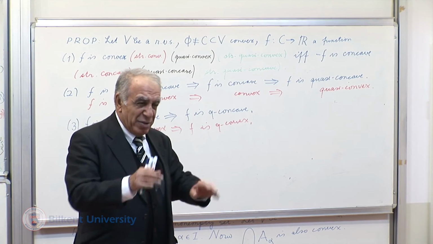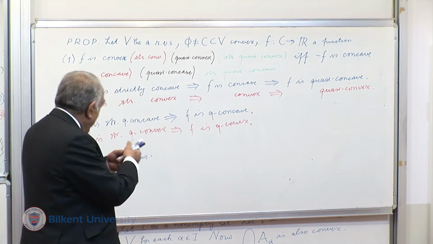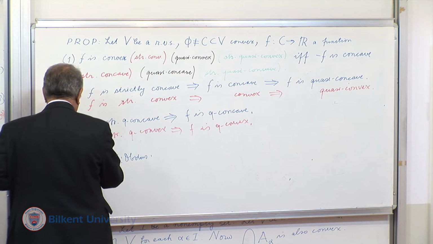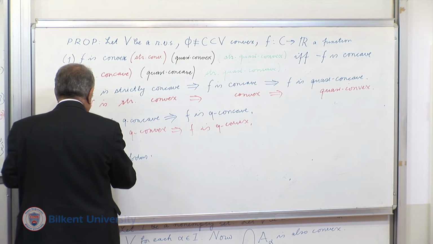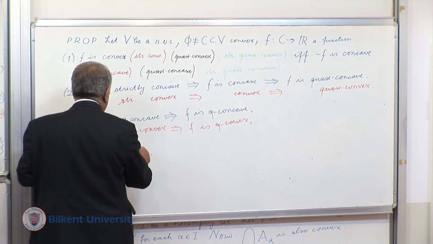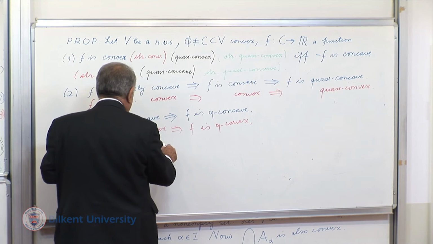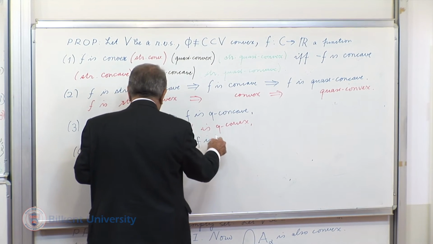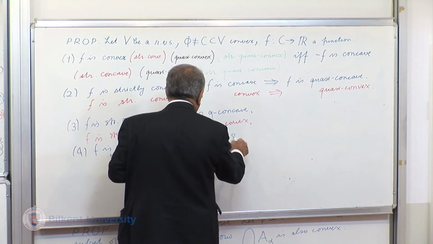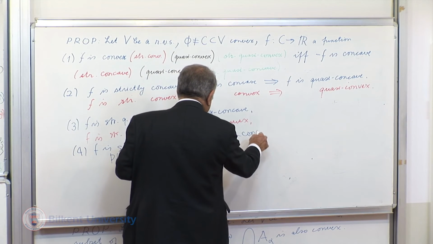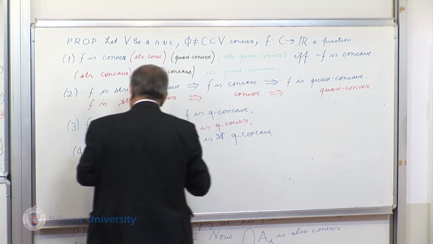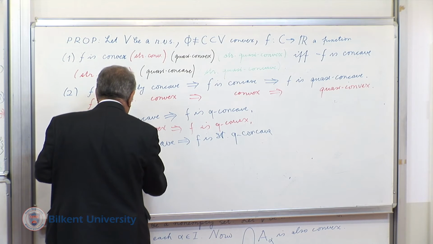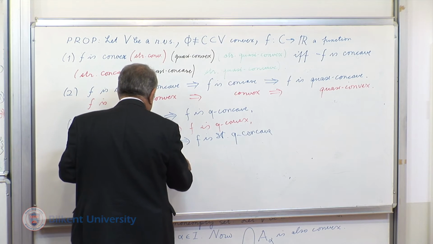Okay, well then let me do that. f is strictly concave implies f is strictly quasi-concave, and f is strictly convex.